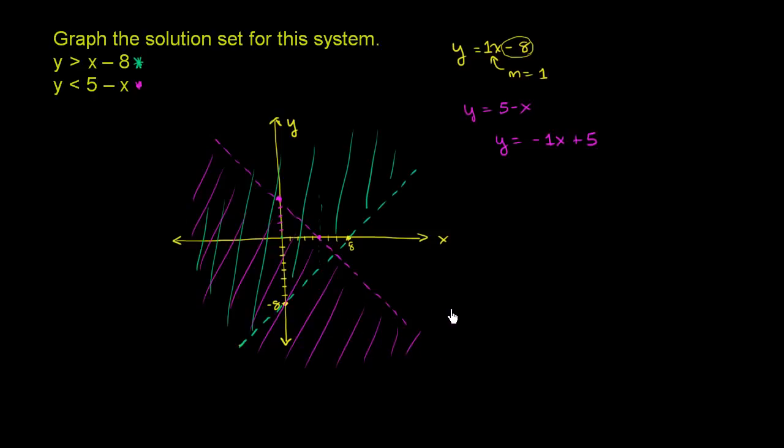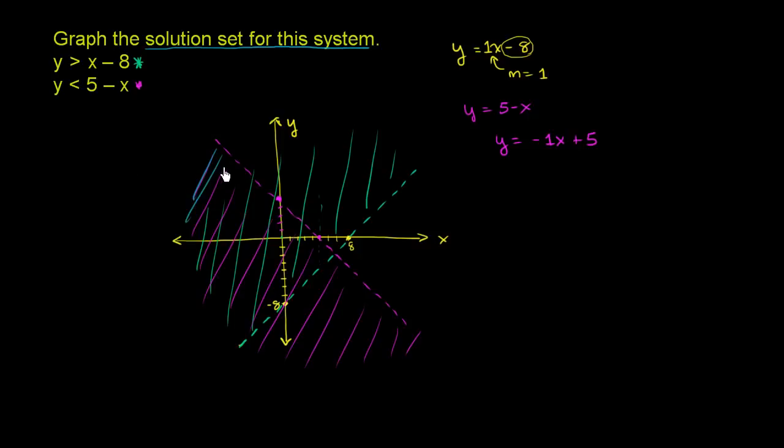And like we said, the solution set for the system are all of the x's and y's, all of the coordinates that satisfy both of them. So all the shaded in purple satisfies the second inequality. All the shaded in green satisfies the first inequality. So the stuff that satisfies both of them is their overlap.